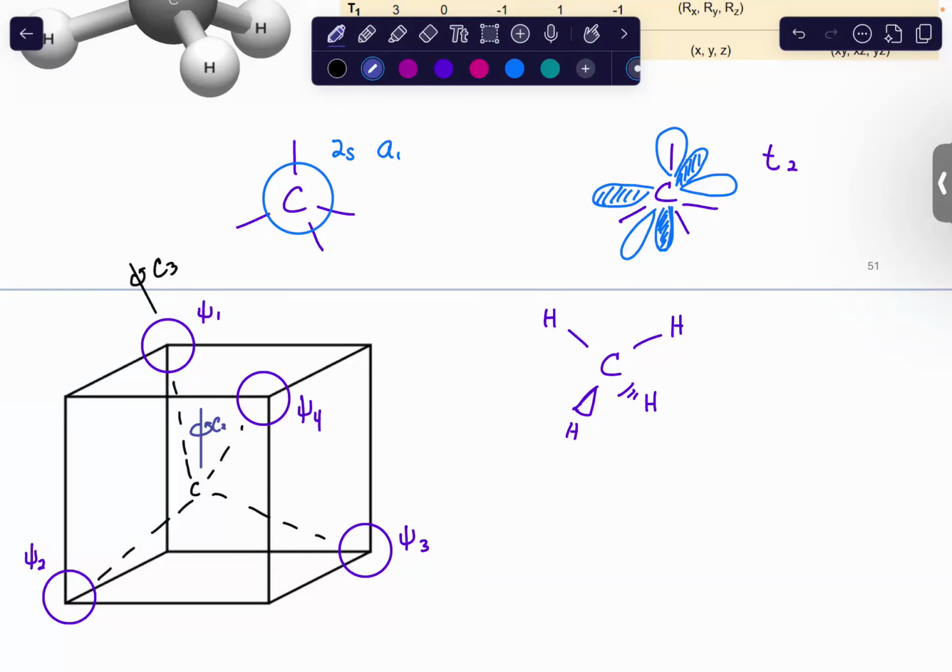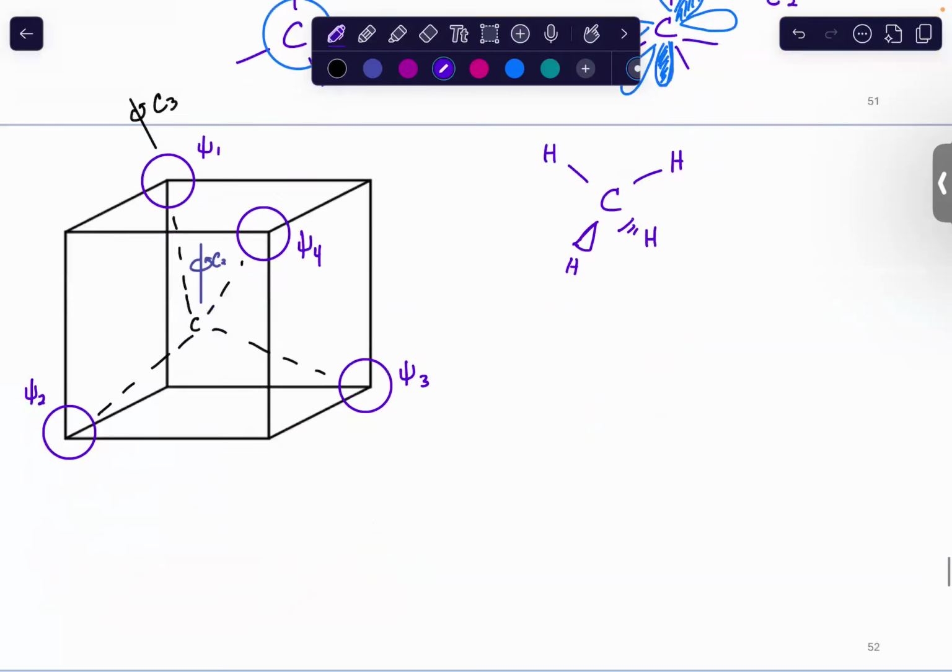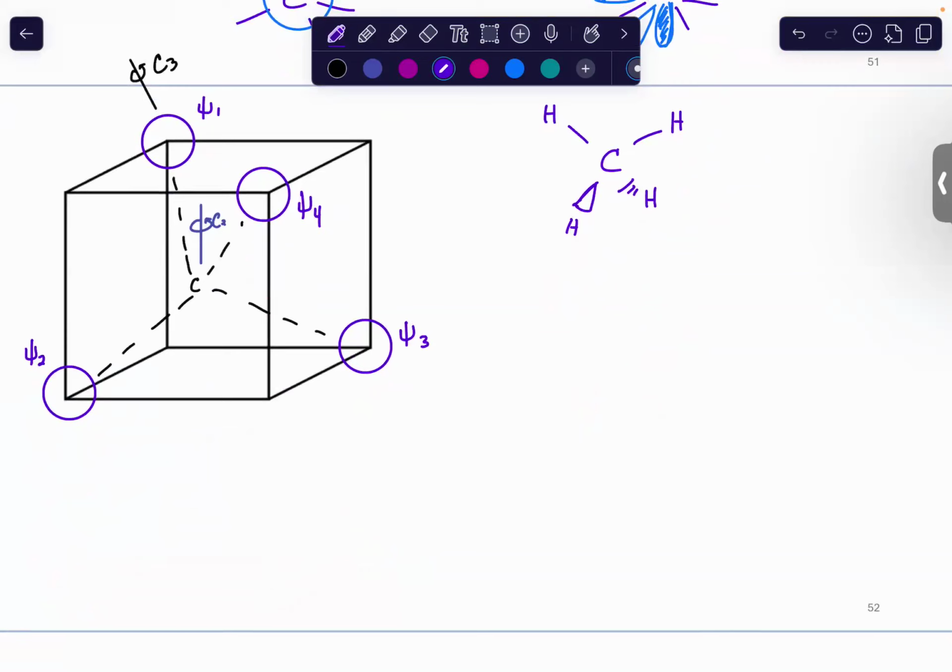Our gamma for our unchanged. For E, how many of those stay unchanged?